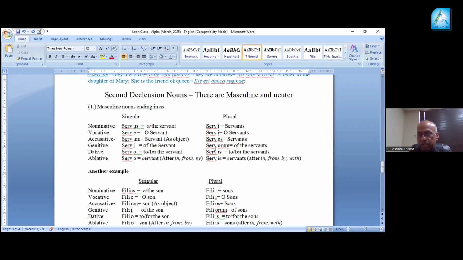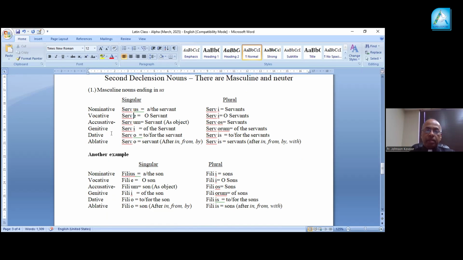That was the pattern in the first declension. Whereas in the second declension, the vocative is different. Servus, serve. O servant, if we are calling a servant, serve. Then the accusative: in the first declension it was rosam, ending in AM. Here, servus is a second declension masculine noun, so the ending is UM: servum.